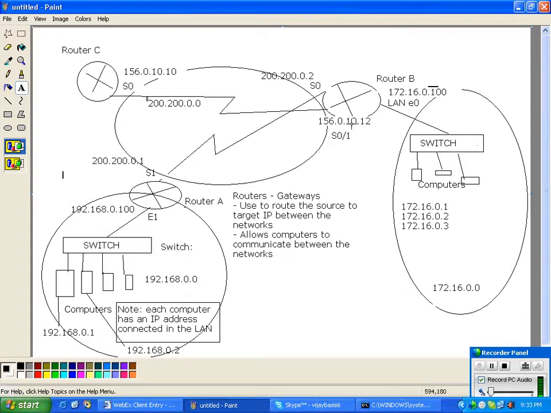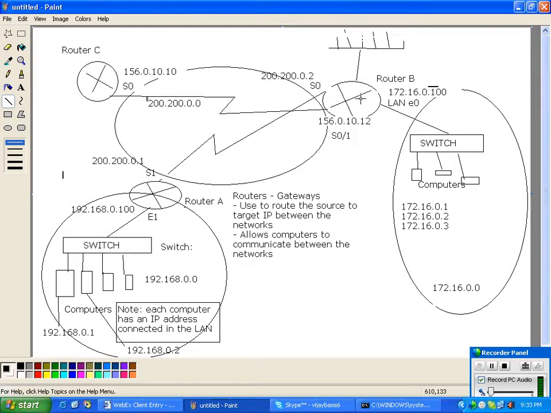For this serial port, I should have one more LAN port that goes to here. This is another connection, another LAN. It means a router can act as a multi-gateway. For this network it is a gateway, for this network it is a gateway.